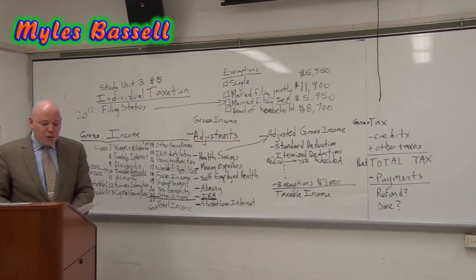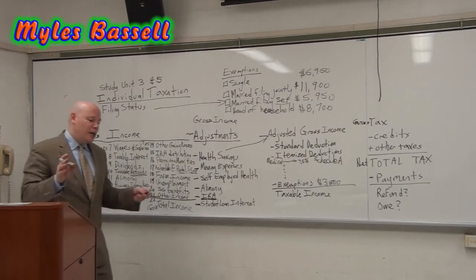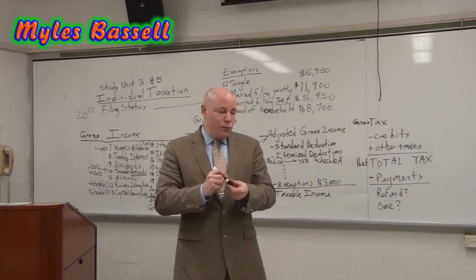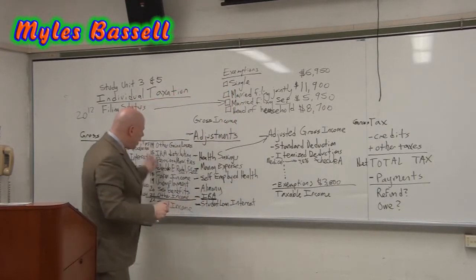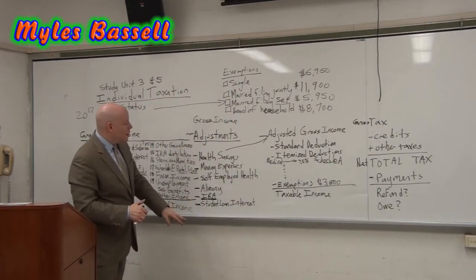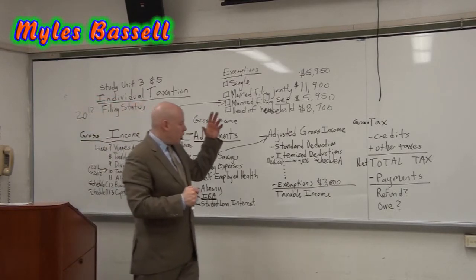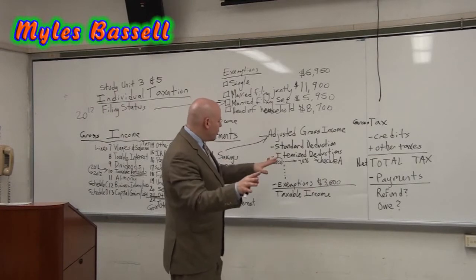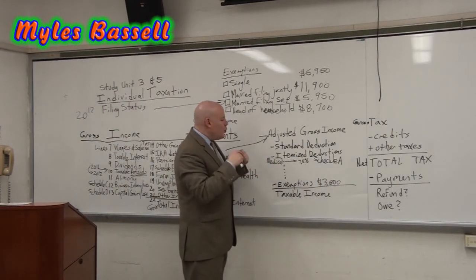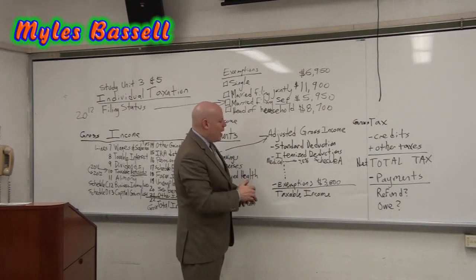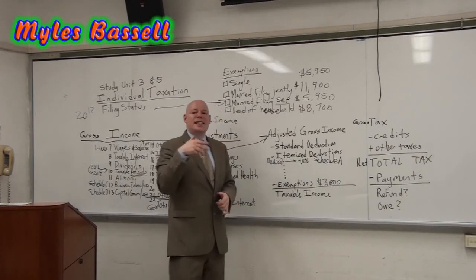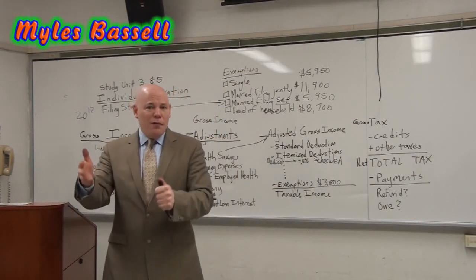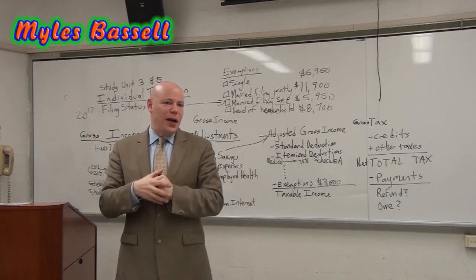So let's say, to keep the numbers simple, your adjusted gross income was $100,000. So all our income, we take our adjustments, our adjusted gross income is $100,000. Then what Congress has said is that your medical and dental have got to be more than $7,500. You have had to have paid more than $7,500.